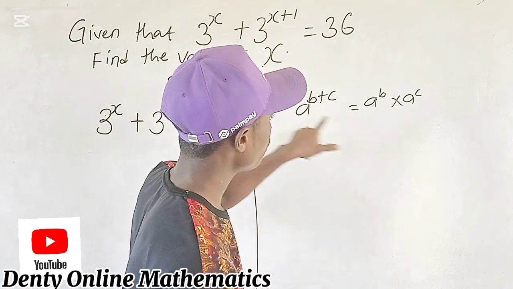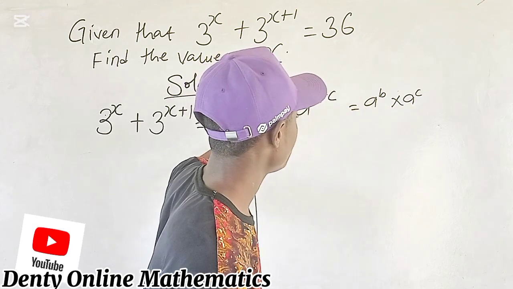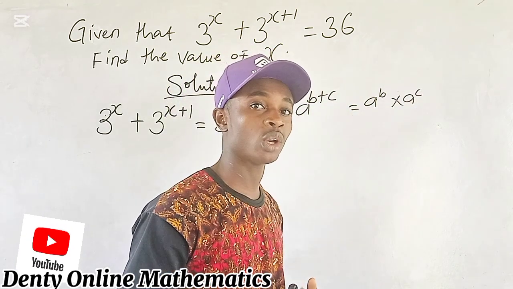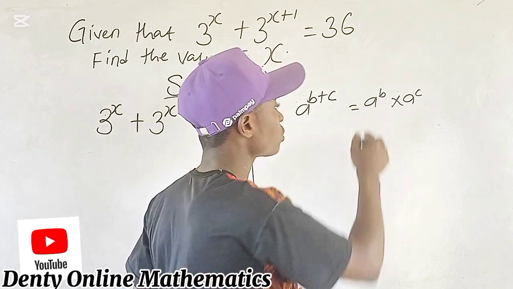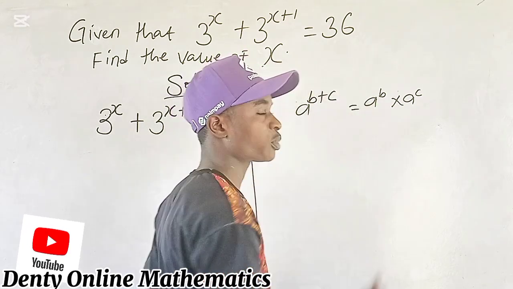Now, if you have the same base, you can pick one of the base and add the exponent according to the multiplication law of indices. Since we have the same base, I picked one of the base and I added the exponent.